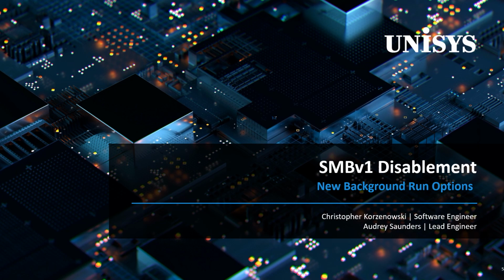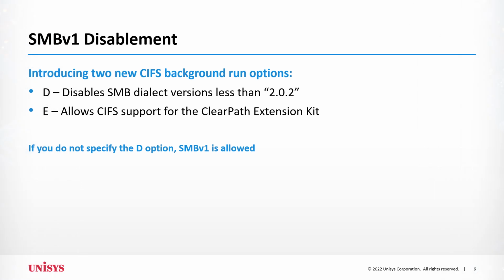Next, I'll discuss SMB1 disablement. We actually introduced the SMB1 disablement feature as an interim correction in CIFS 9R2 IC3, since you might not have applied all the IC levels. I'll cover this feature's details here.